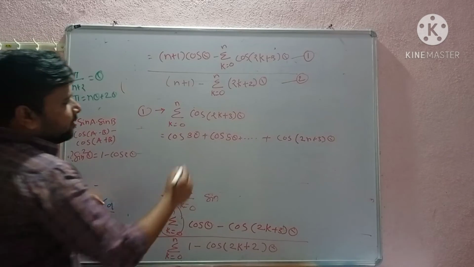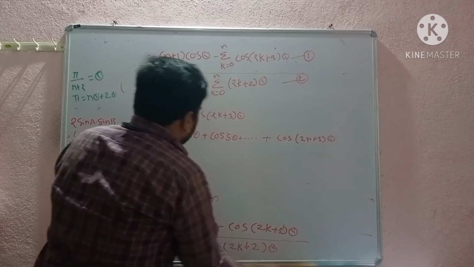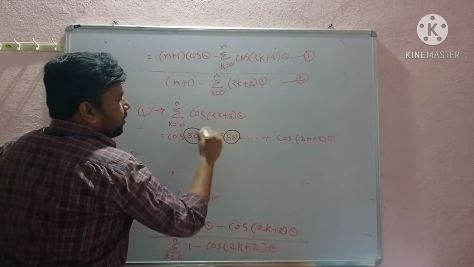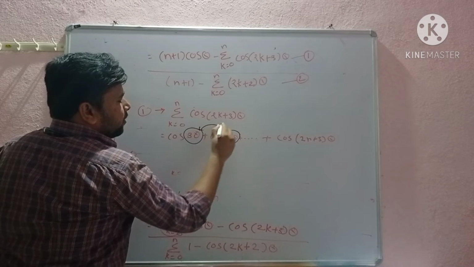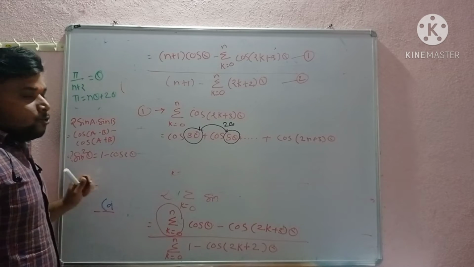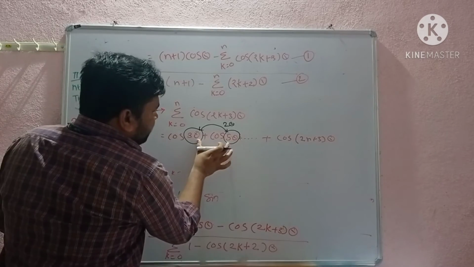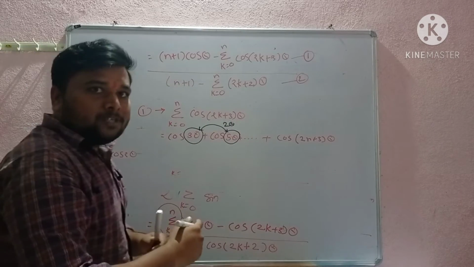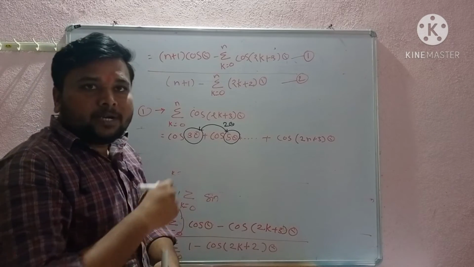See here, this is 3 theta, this is 5 theta. The difference between these two is 2 theta. So there is a pattern that each time the angle is increasing by 2 theta. That means there is a common difference, so this is a type of arithmetic progression.